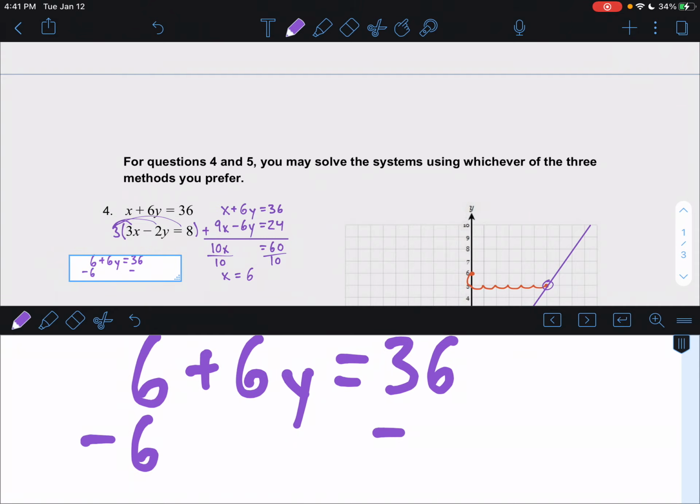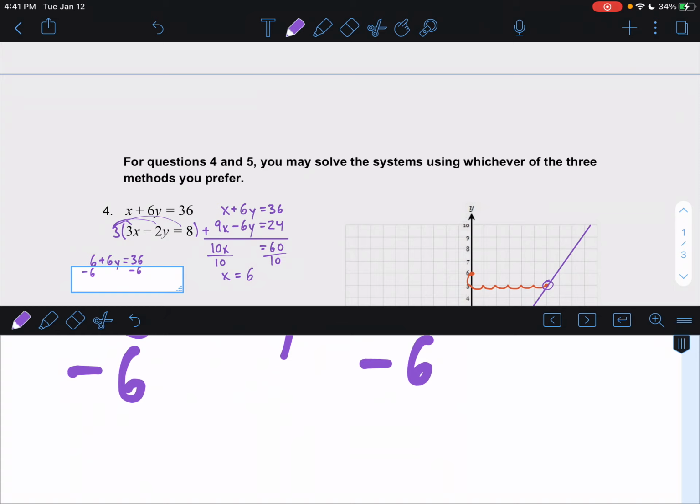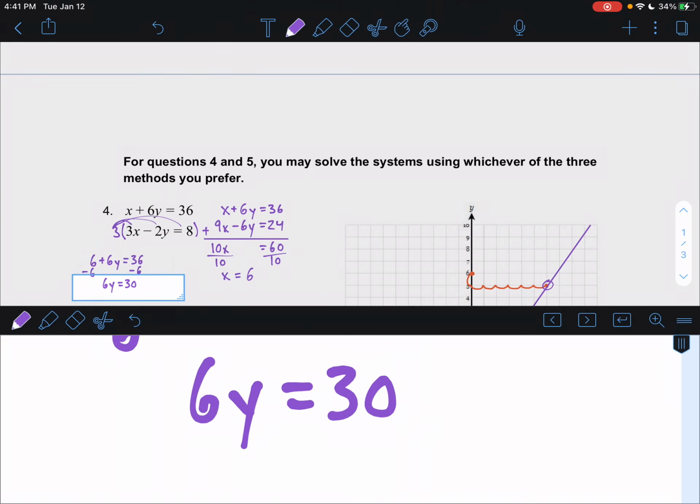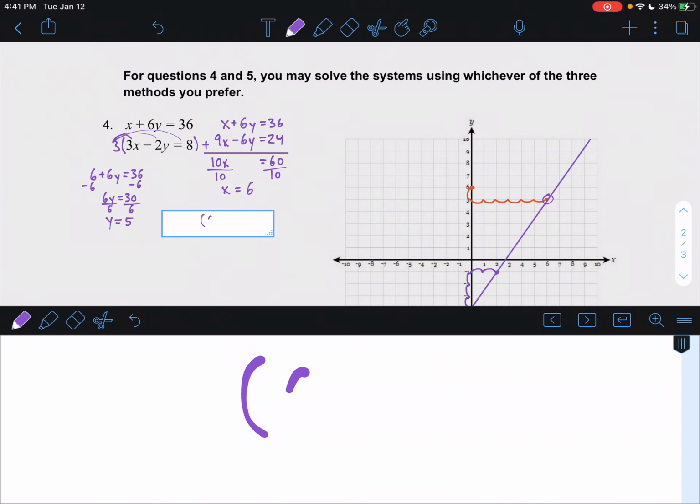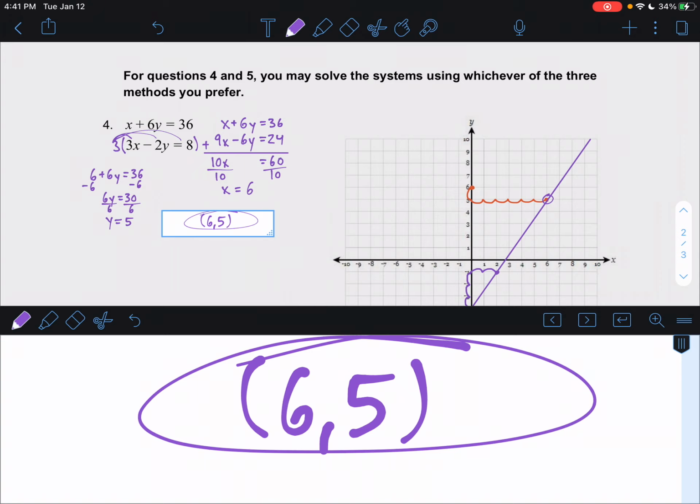I'll subtract 6 from both sides. So I have 6y equals 30. Divide both sides by 6. Y equals 5. So yet again, I get my solution of 6, 5. So no matter which method you used here, you should have gotten 6, 5 as your answer.